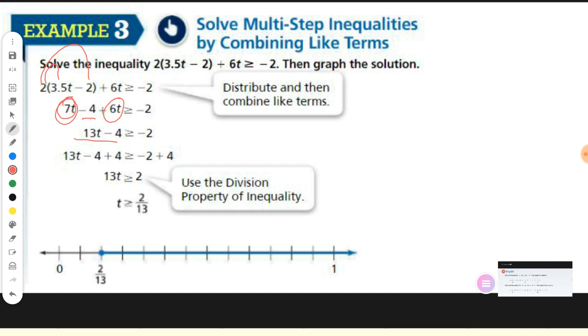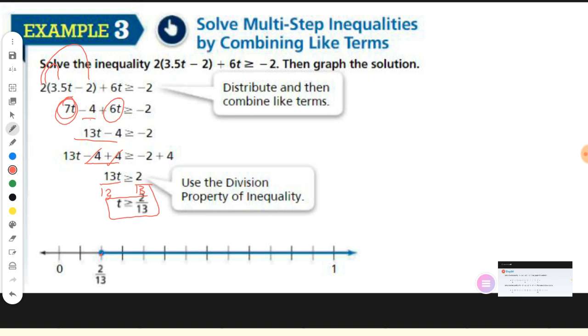Add 4 to both sides, it will remain 0 here, and the next side will be 2. 13x is greater than or equal to 2, so divide by 13 on both sides. So the remaining will be 2 over 13. 2 over 13 is between 0 and 1.